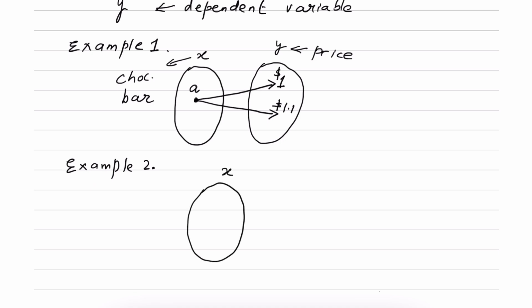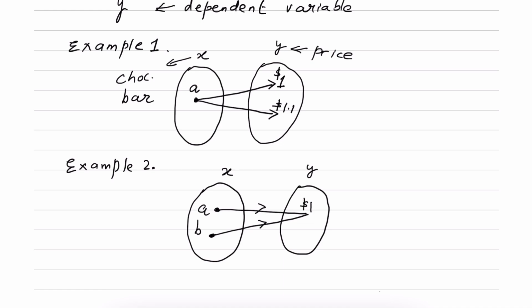Here we have x and here we have y. We have, let's say, two chocolate bars A and B, and both of these chocolate bars have the price $1. Now let's check whether the function definition holds or not. Each x should determine one y.